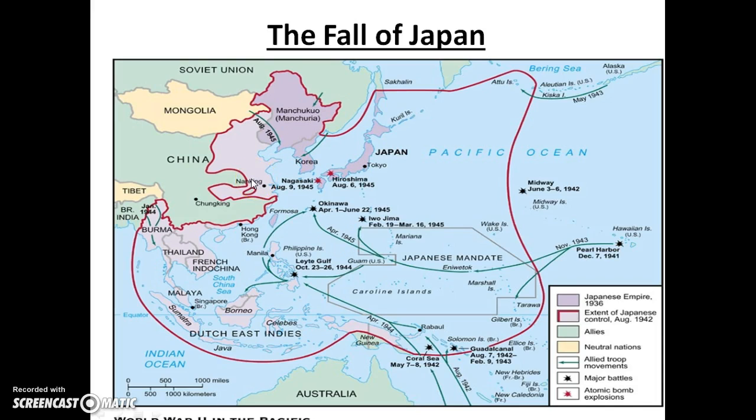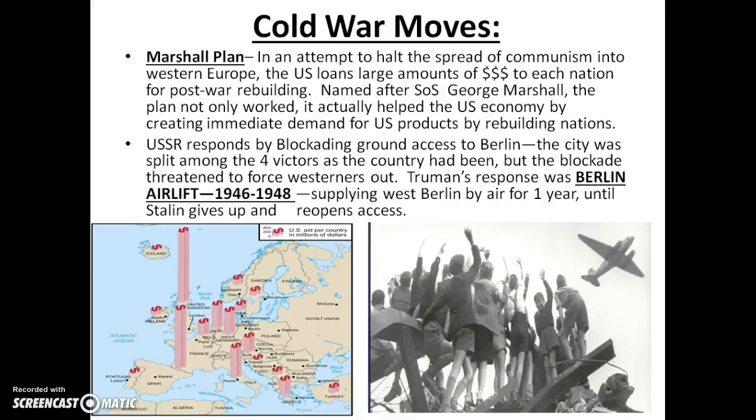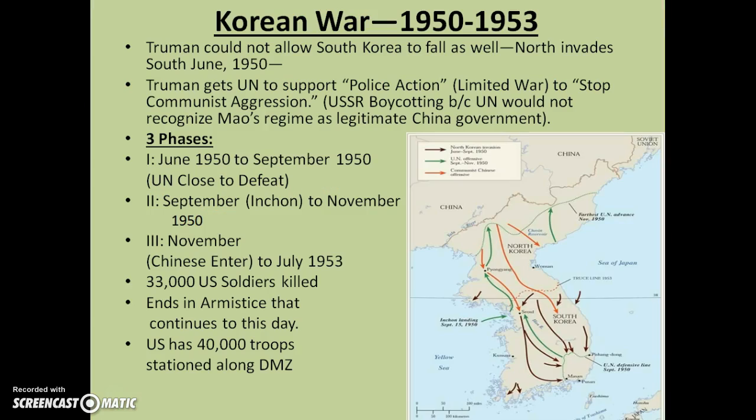The American interest there was not something that was specifically based on economics, but it was based on stopping the spread of communism. So let's get to how this war actually begins and why the Americans get involved specifically.